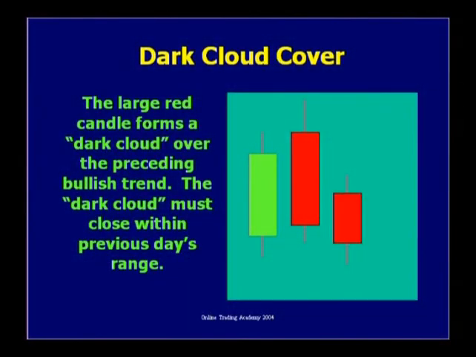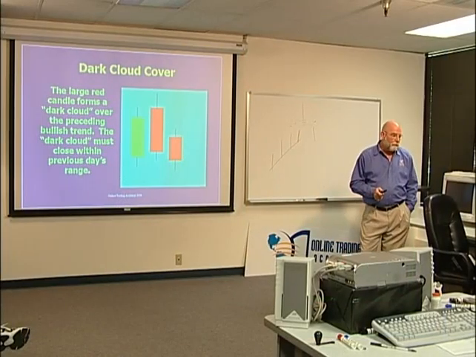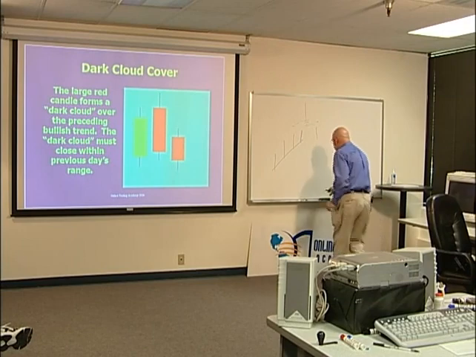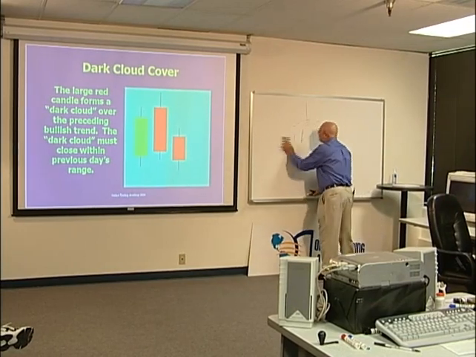Dark cloud cover: the large red candle forms a dark cloud over the preceding bullish trend. The dark cloud must close within the previous day's range, by at least 50%. Let me put that up here for you.